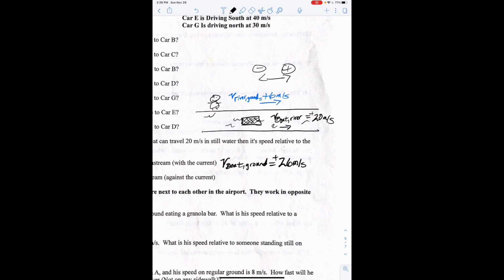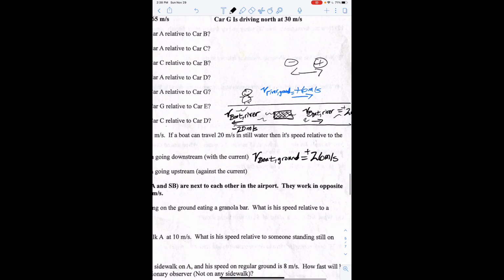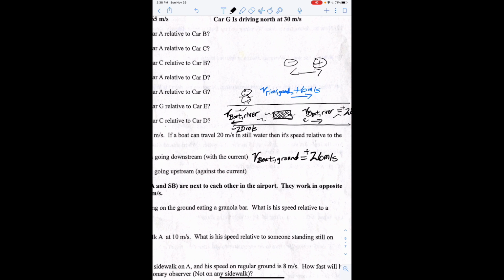And if the boat flipped and went the other way, then the velocity of the boat relative to the river was in this direction at negative 20 meters per second, we would say, well, the river's fighting it, because it's going upstream now, or against the current. And then we would say it's going slower.